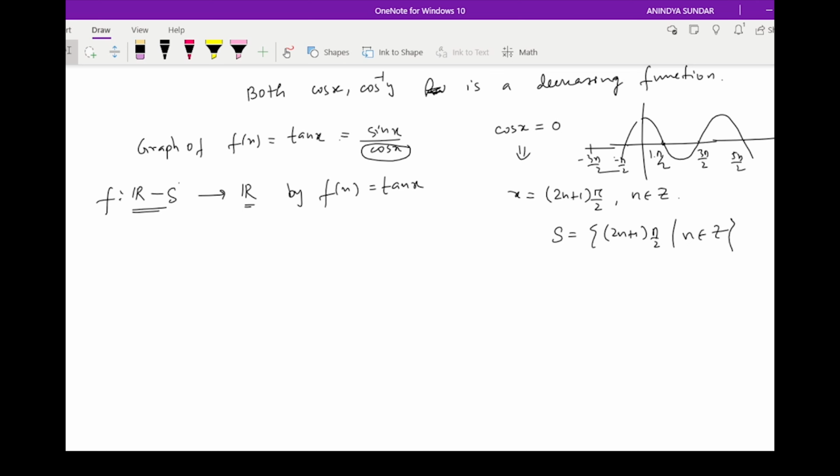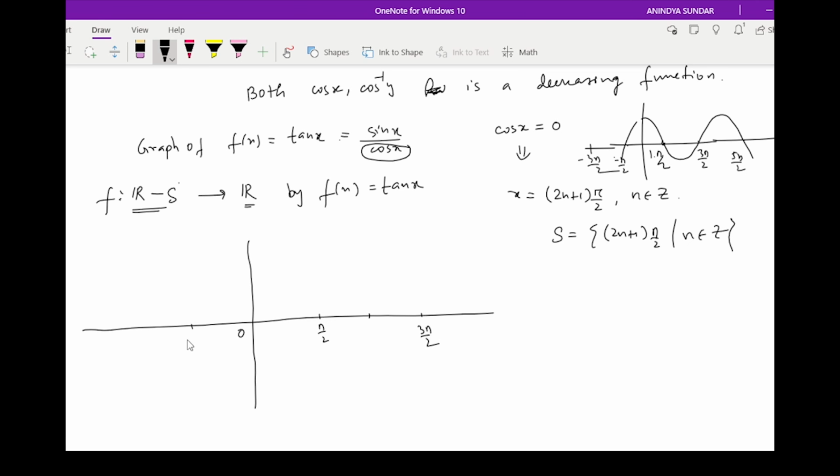Okay. Now at those points at which tan is not defined, I will draw asymptotes, because there cannot be any value at these points. So I can see odd multiples of π/2. Suppose this is 0, this is π/2, then π, then 3π/2.